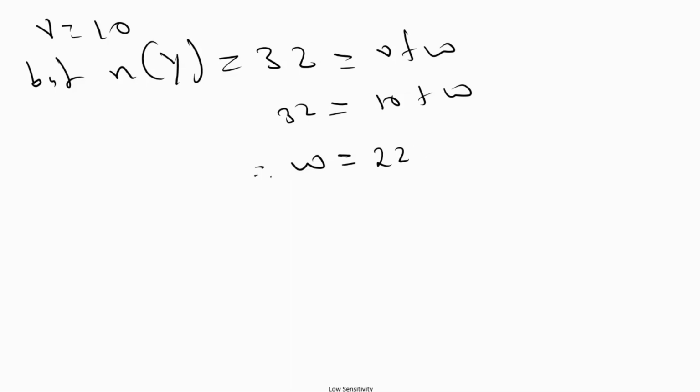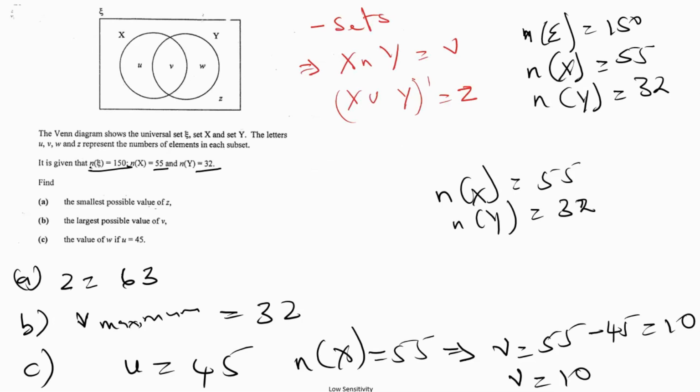So W is equal to 22. So we can go back in here, and we now know that for part C, W equals 22. So that's how we solve this one.